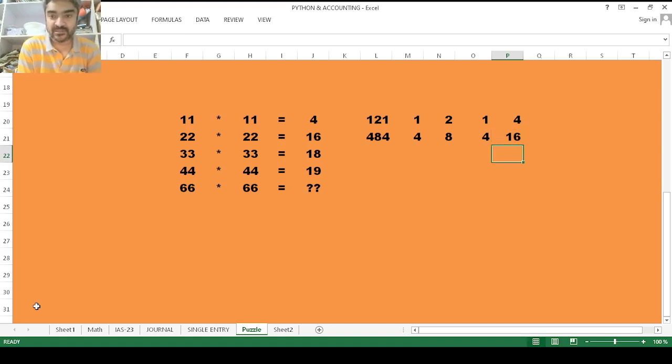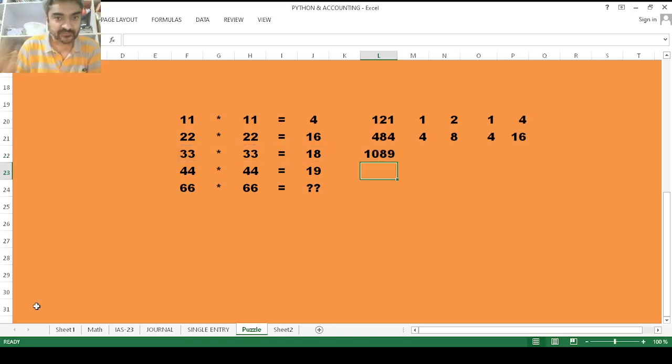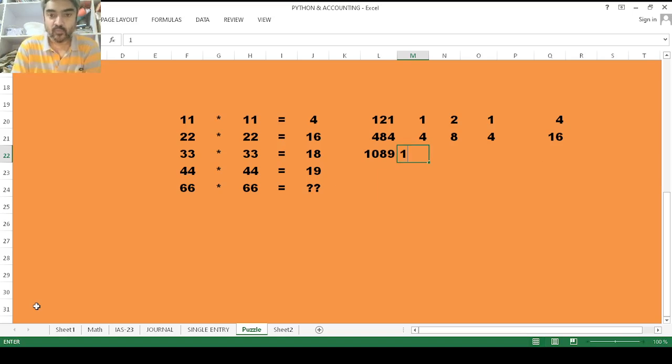Now go to the third equation, which is 33 multiplied by 33. It comes out 1089. Now there are four numbers involved in this. Let's split these out: 1, 0, 8, 9.